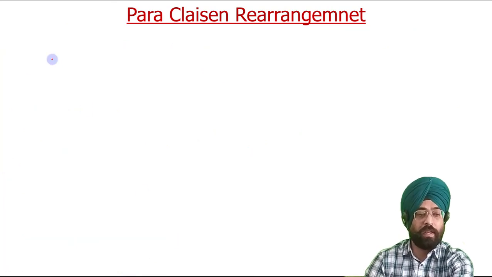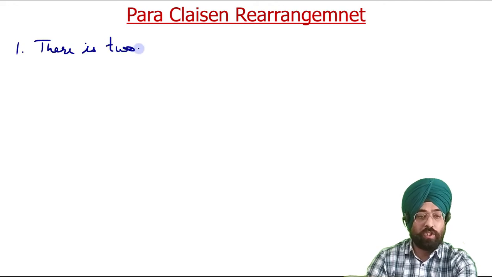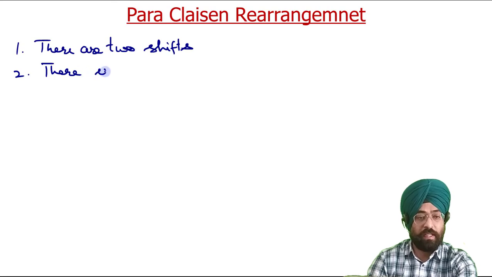So overall, in para position what we have learnt is that there are two shifts. Second, because of these two shifts there is no net inversion.